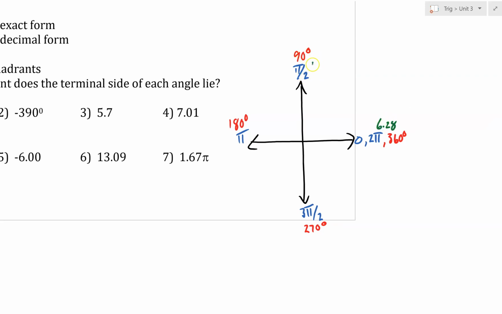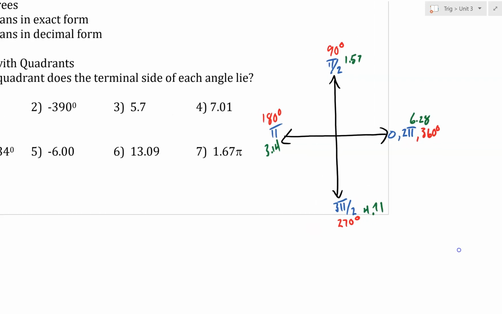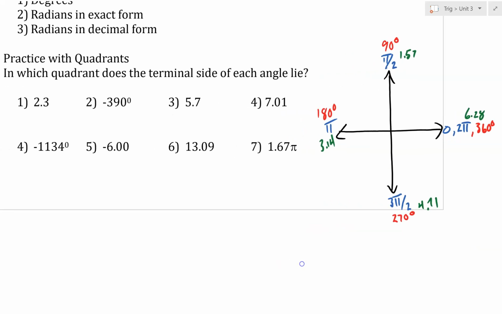Pi over 2 is really close to 1.57. 3.14 for pi. And then 3 pi over 2 is really 3 times as big as pi over 2. So if I multiply 1.57 by 3, I get 4.71.